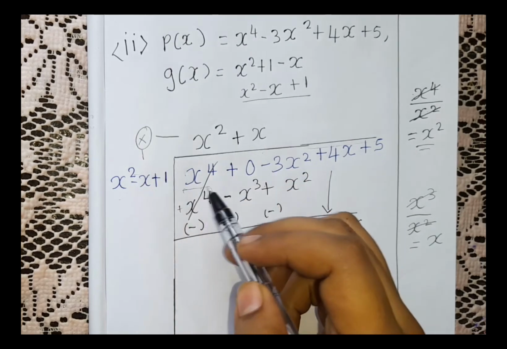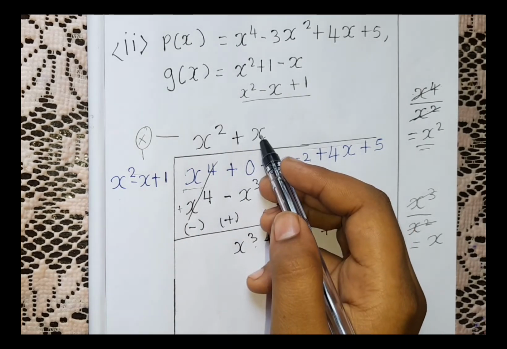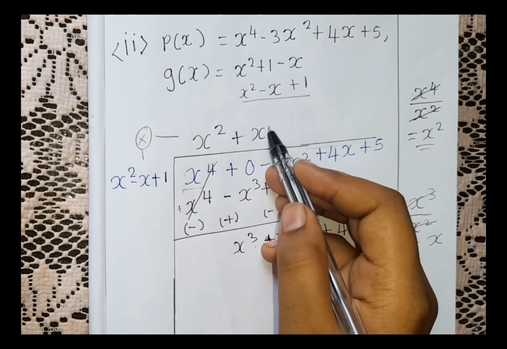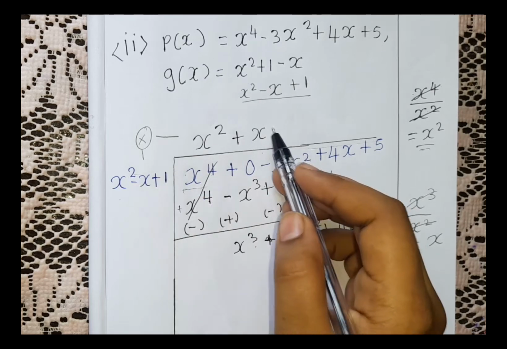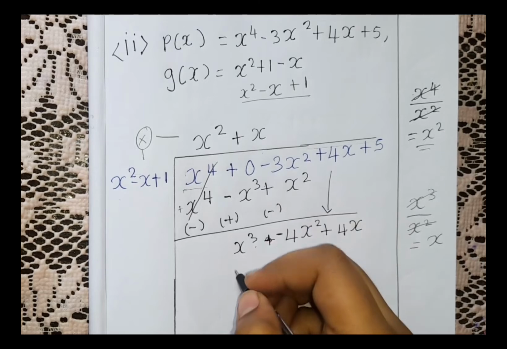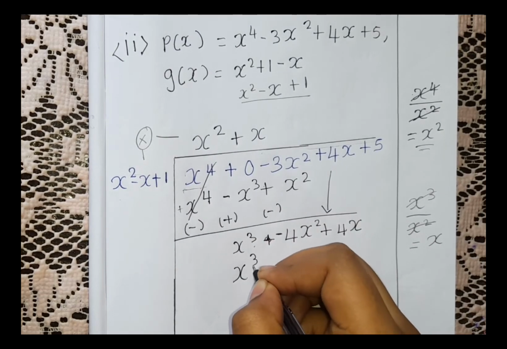Now we are going to be multiplying this and this one, as we did in the previous step. So x into x square is x cube. Here we have square, and here we have 1, that means square plus 1 is cube. Am I right? So I am going to write x cube.